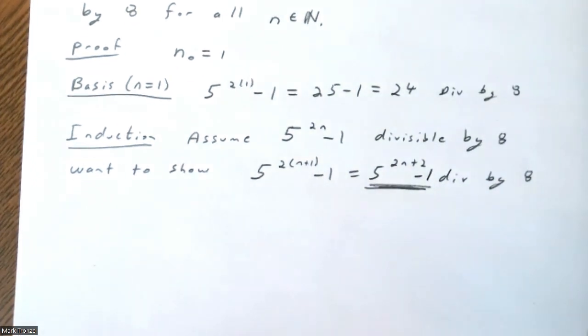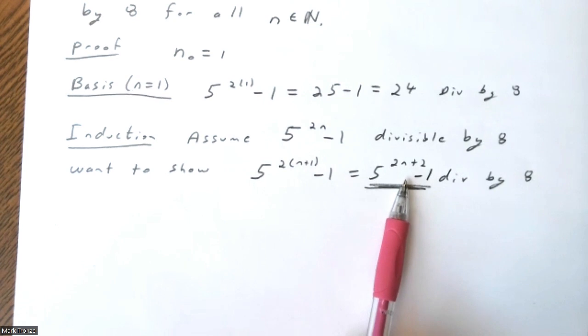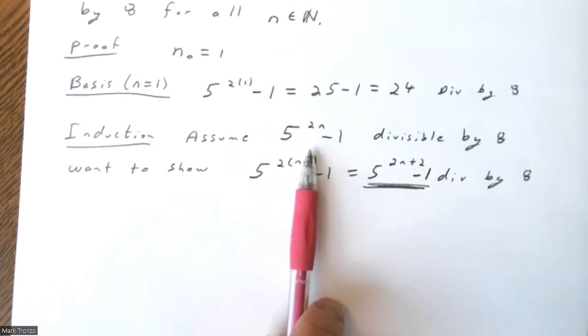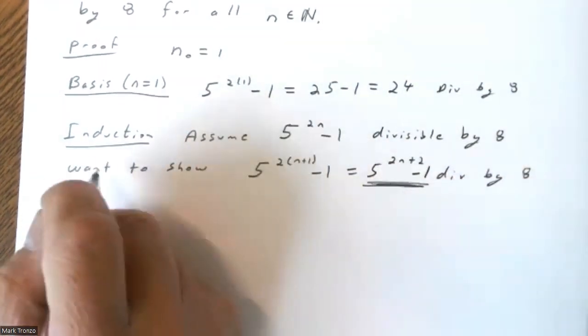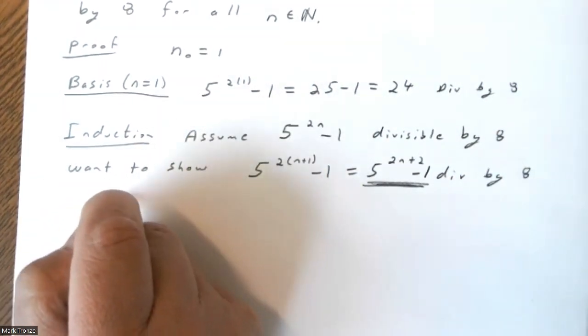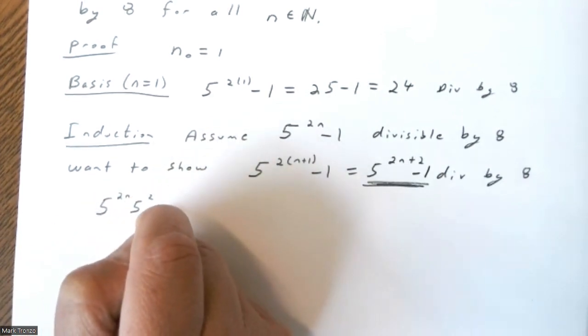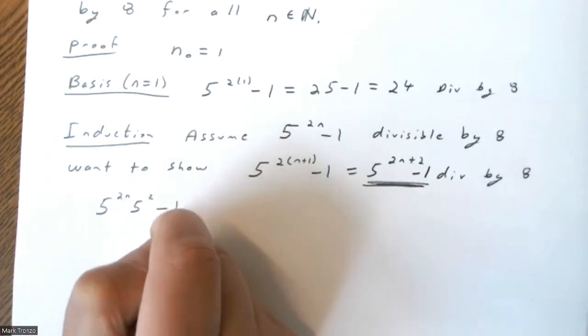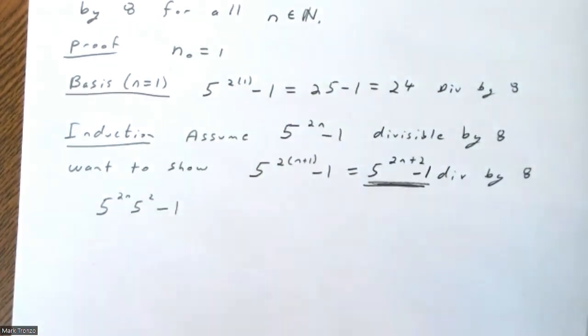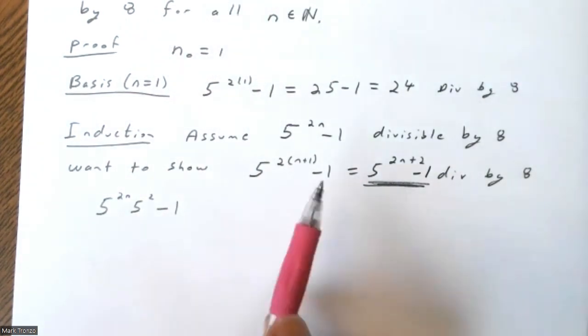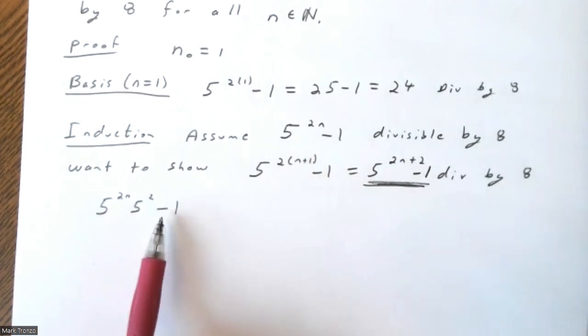So let's see. This one's just a little bit trickier because we're trying to get this into it. So again, we'll start with this, and let me just rewrite this as 5 to the 2n times 5 squared, minus 1. So we're trying to make this show up here somewhere.